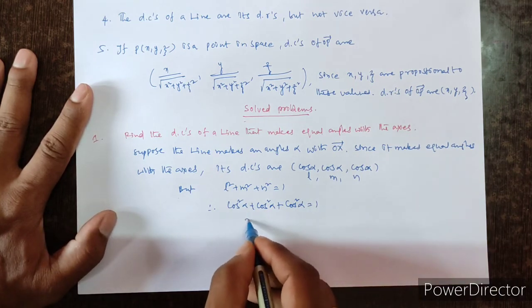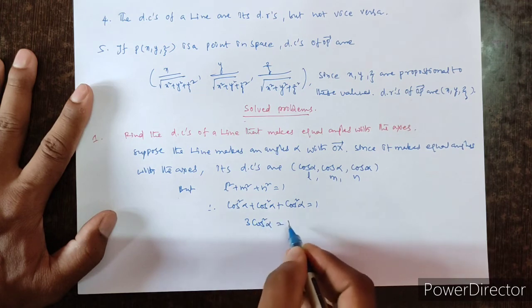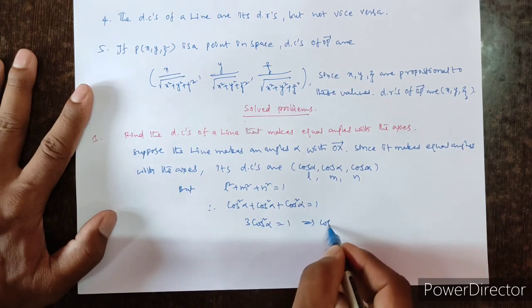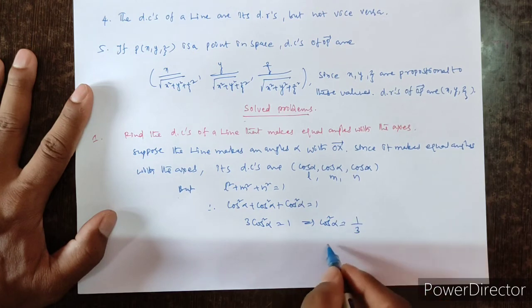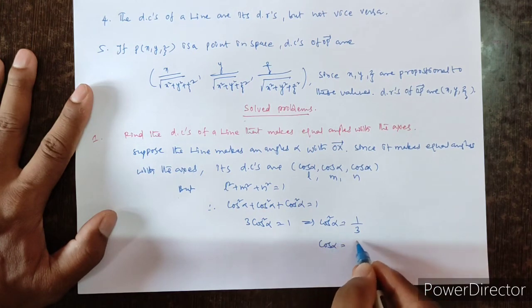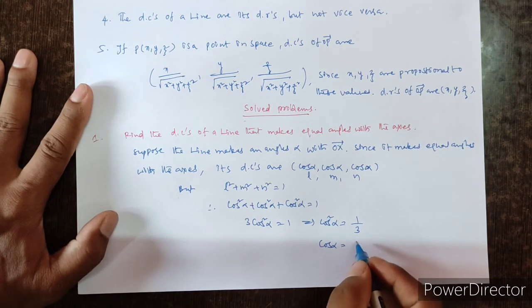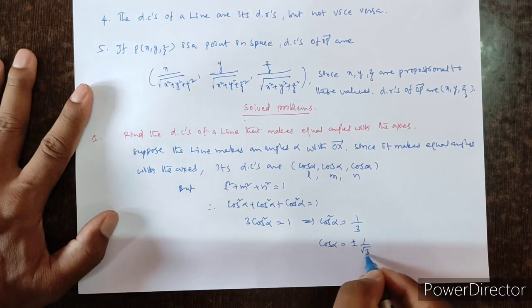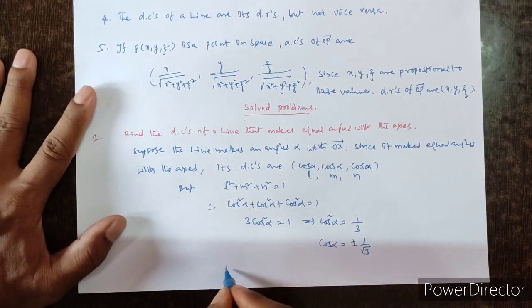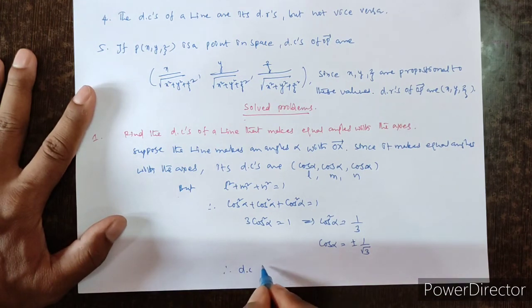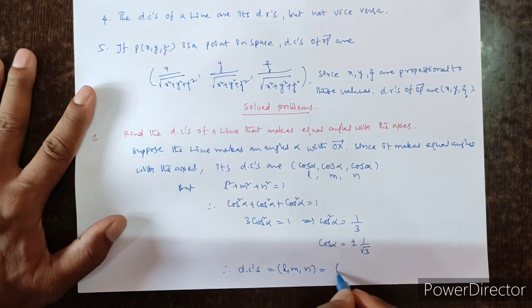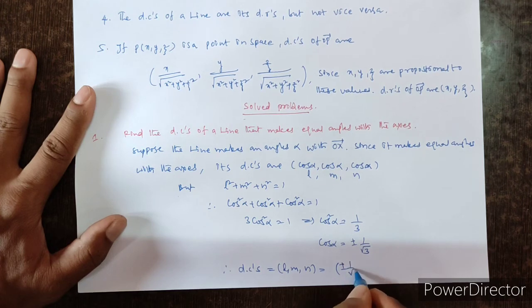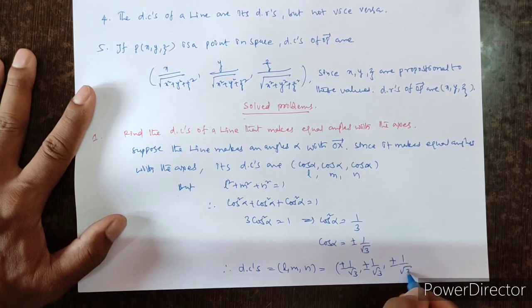So 3 cos square alpha equal to 1, cos square alpha equal to 1 by 3. Then cos alpha equal to plus or minus 1 by root 3. Therefore direction cosines l, m, n equal to plus or minus 1 by root 3, plus or minus 1 by root 3, plus or minus 1 by root 3.